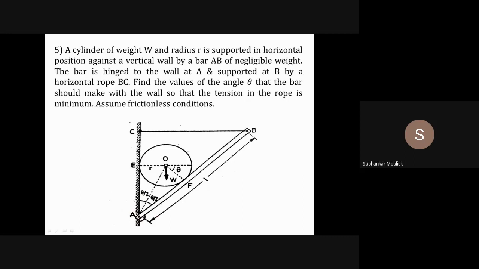against a vertical wall by a bar AB of negligible weight. The other end of the cylinder is supported by this inclined bar AB, whose weight is negligible, but the length of the bar is L. The bar is hinged to the wall at A and supported at B by a horizontal rope BC.